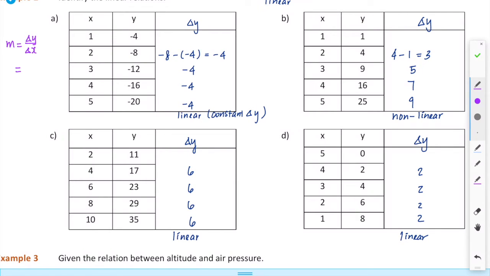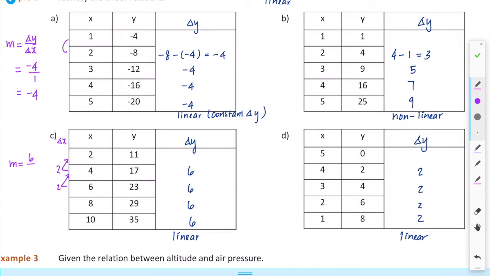Well, in the first relation, delta y is -4. And then what's delta x? 2 minus 1 is 1. So this is -4. In C, what's delta y over delta x? Well, delta x would be 4 minus 2, so 2. 6 minus 4, 2, etc. Right?